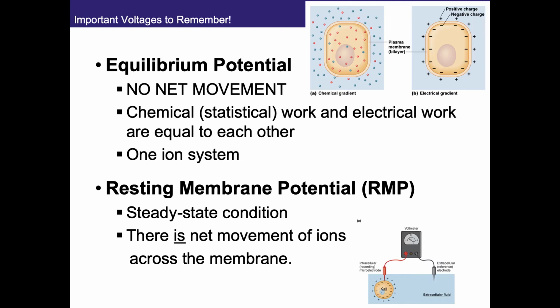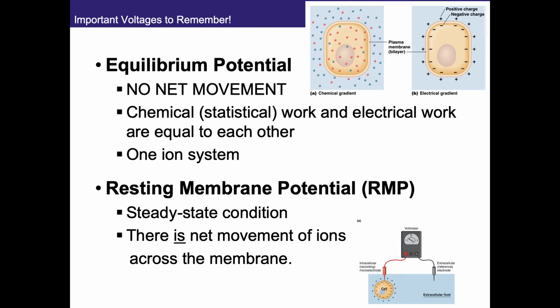At that exact voltage, that's basically where you're going to prevent the net movement of any ion down its concentration gradient. And at that exact voltage, like a teeter-totter, this is where the electrical work and the chemical work equal each other. They're equal in magnitude, but opposite in direction.